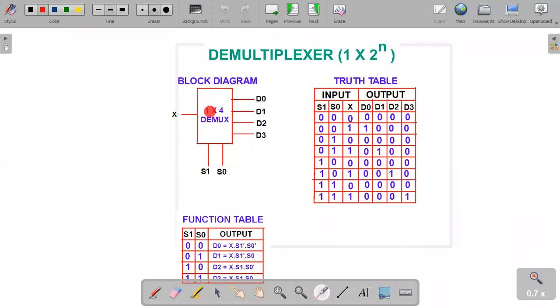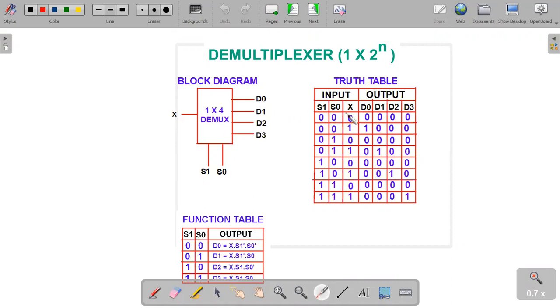Here the block diagram for the demultiplexer is given. A demultiplexer is generalized as 1 to 2 power n, where 1 is the single input and it has 2 power n outputs and n select lines. It is the reverse of the multiplexer: where a multiplexer is a data selector, a demultiplexer is a data distributor.